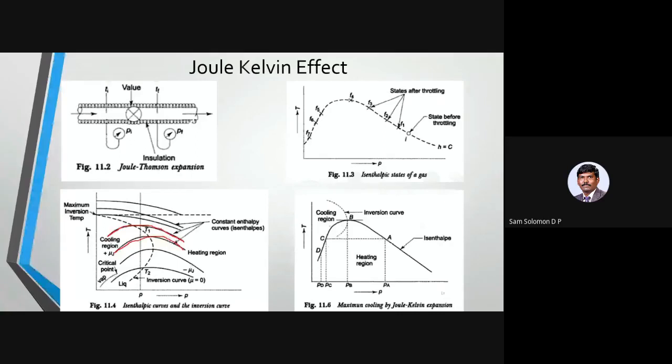And this dotted line passes through the maximum temperature point in that graph. This is the maximum temperature point in case of all these isenthalps. This is a TP diagram, so the point where your temperature is maximum is the maxima.